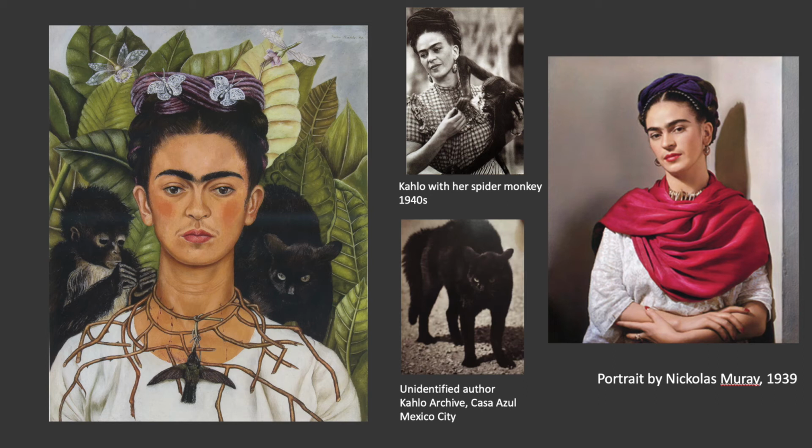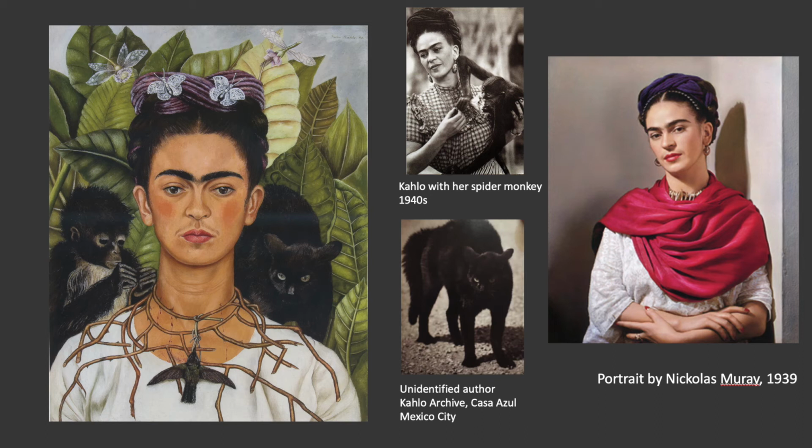And so what I'm suggesting is that rather than painting her self-portrait from a mirror, which is part of the mythology of Frida Kahlo, that there's a direct relationship between her self-portraits and herself and her emotional state, I actually suspect that she was creating these self-portraits working from photographs, and perhaps very often these color photographs by Nicholas Muray.